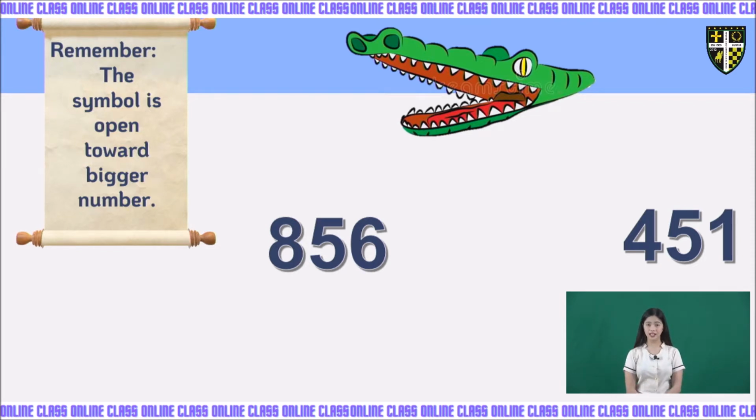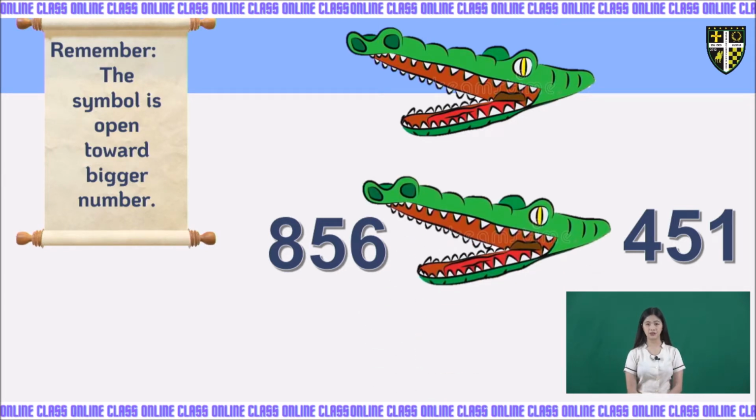Very good. The alligator is going to eat the bigger number because, like what I've told you, the symbol is always open toward the bigger number, just like the mouth of an alligator. The mouth of an alligator is open toward the bigger number, which is 856.